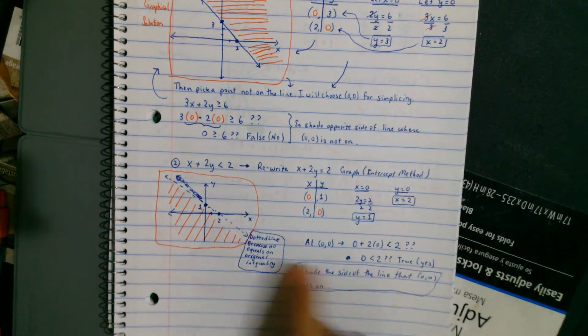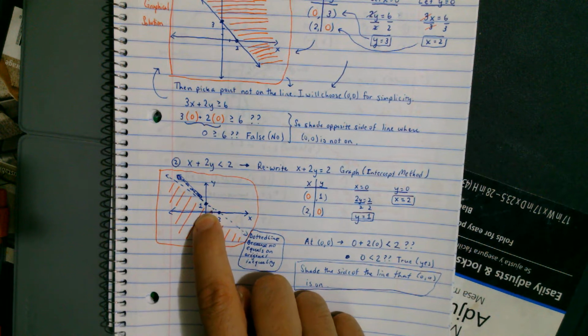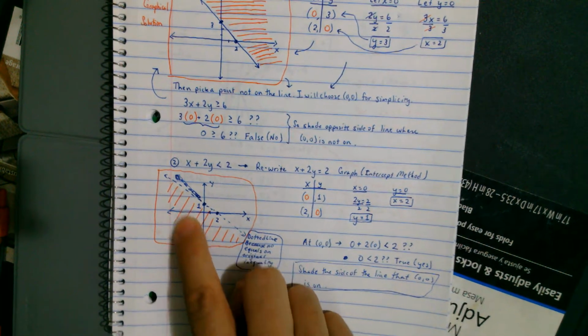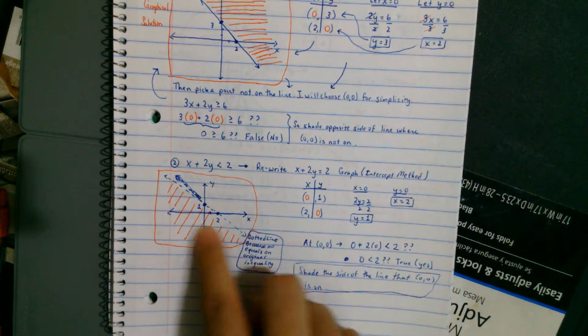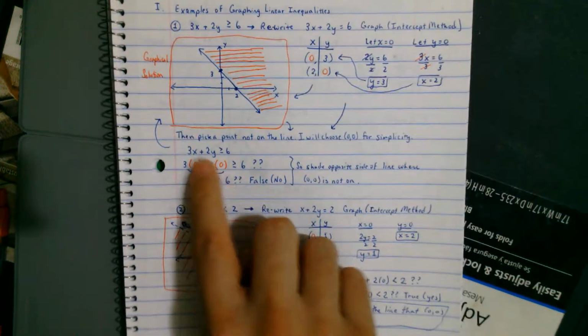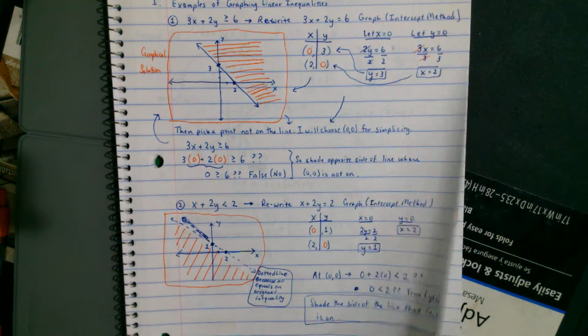So because 0 is less than 2, (0, 0) is true. Everything on this side of the line where (0, 0) is located is also true, so you shade all that region. This is the graphical solution of this inequality. So the answer is the graph, essentially. That's how this works, and hopefully that's not so bad.